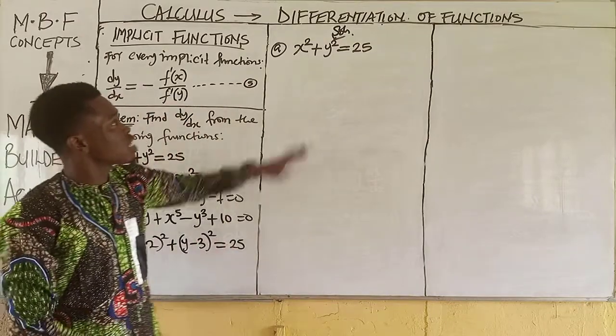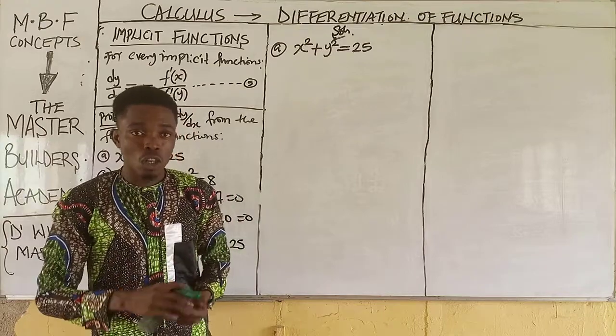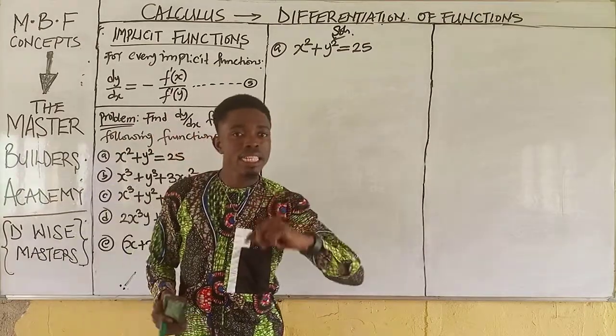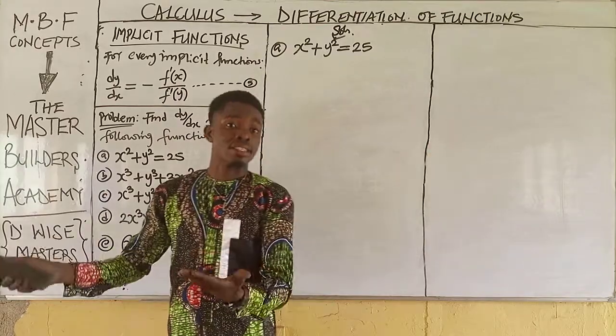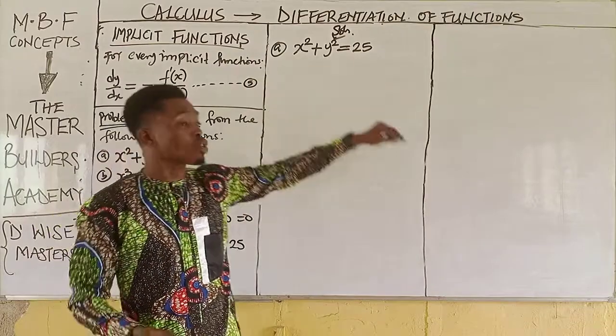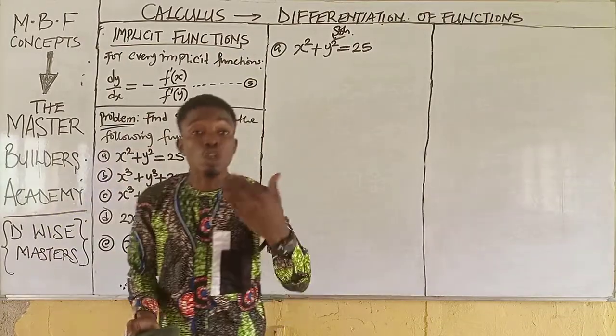So you see, when you look at this question, you discover that y is neither the subject of the formula nor is x the subject of the formula. And if you want to make y the subject of the formula, you're going to have a very complex function. So how do we solve this?